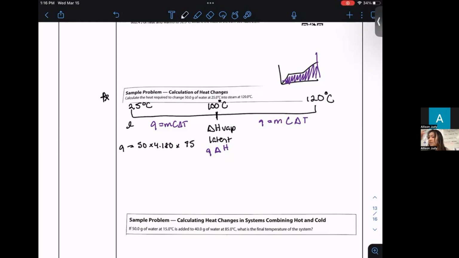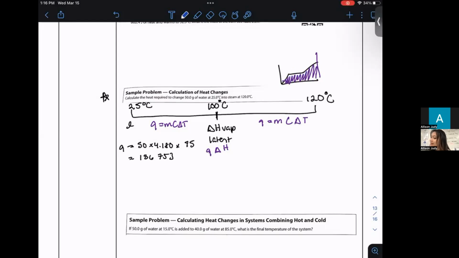So 50 times 4.18 times 75. And you should have gotten that the heat for this portion, the incline of this process, was 15,675 joules.